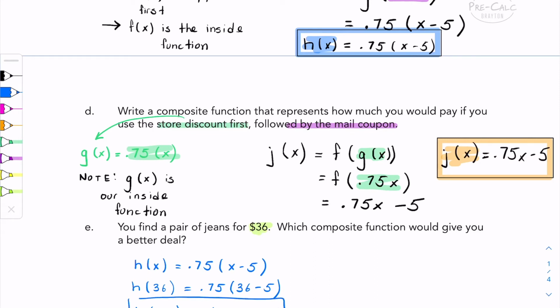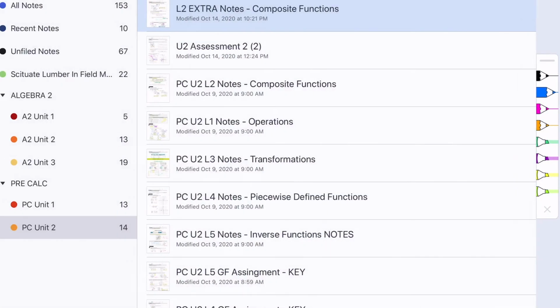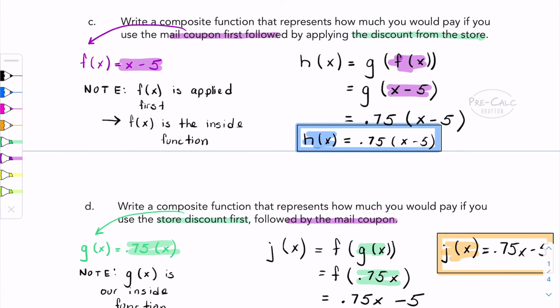So that's how much we would pay if we use the h of x function, which represents the mail coupon first, followed by the discount from the store.